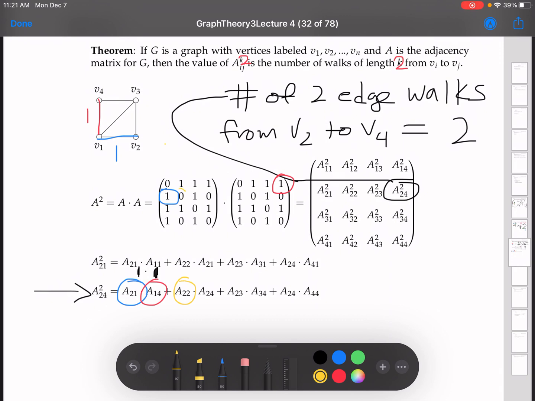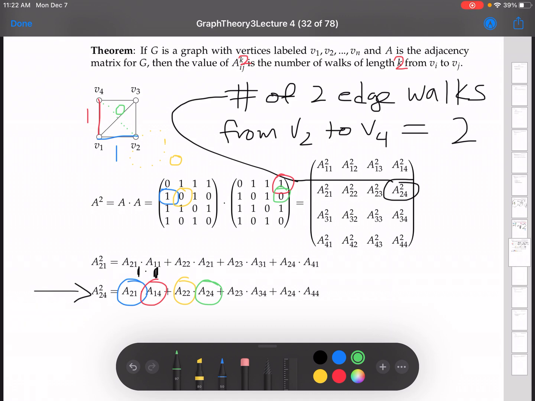Now A22, that's a 0. That corresponds to there is not an edge from V2 to itself. Let's see, A24, you can see that's going to have to be a 0, and A24, in fact, is a 0, right? That's saying no edge from V2 to itself.